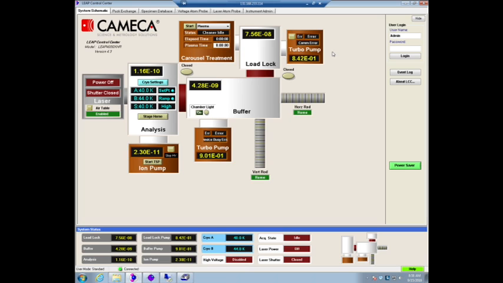gauges on the machine, and the vacuum gauge really on the, and someone logs into your machine.